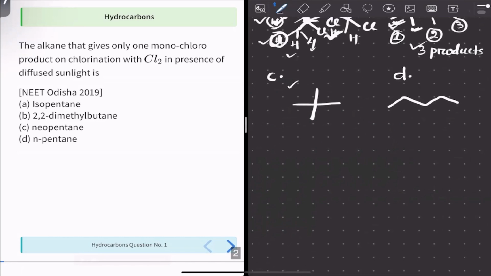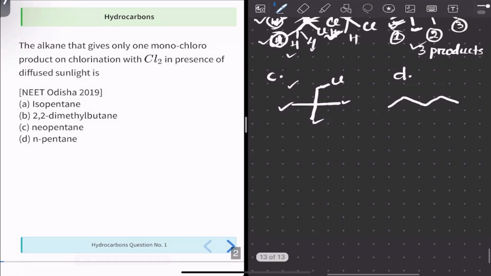Look at this molecule, neopentane. In neopentane, there is only one unique position. Why? Because these four carbon atoms are equivalent. If chlorine attaches here, the nomenclature will be same.